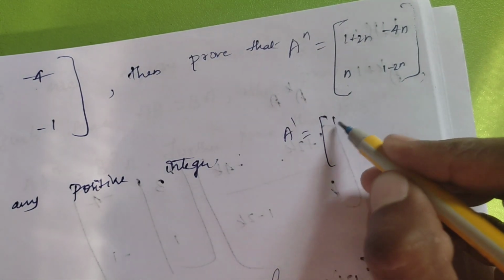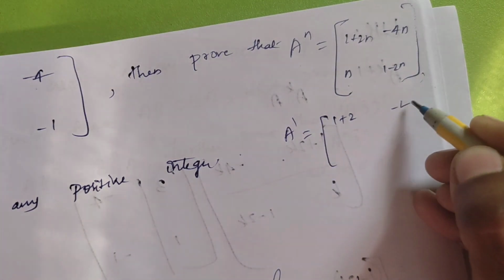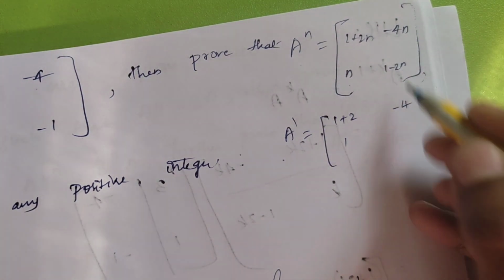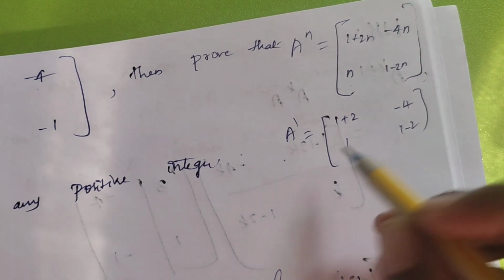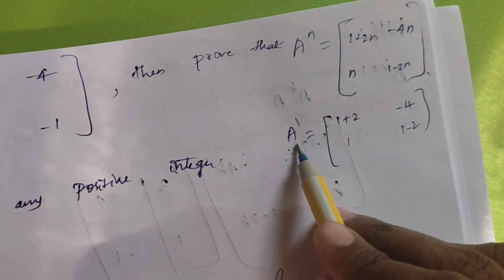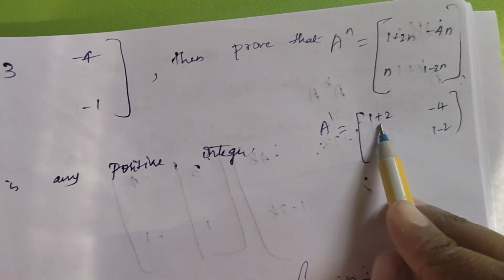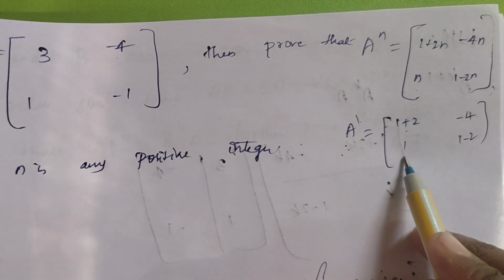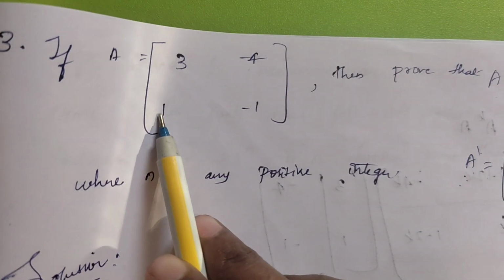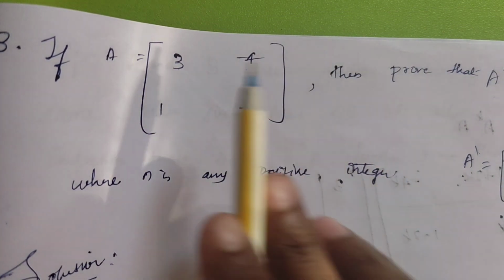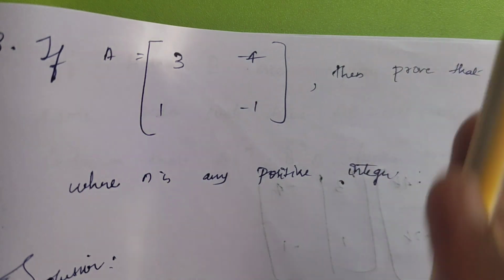What happens? 1 plus 2, minus 4, 1, 1 minus 2. So our A per 1, A matrix, is 3 minus 4, 1 minus 1. This is what our A matrix given in the question. So we have proved the result is true for n is equal to 1.